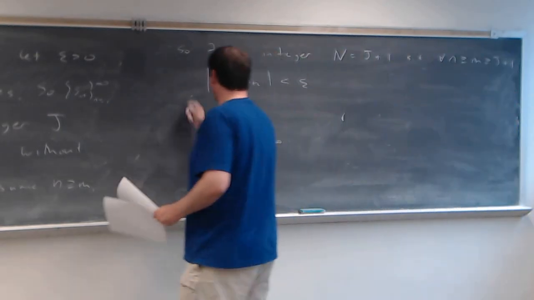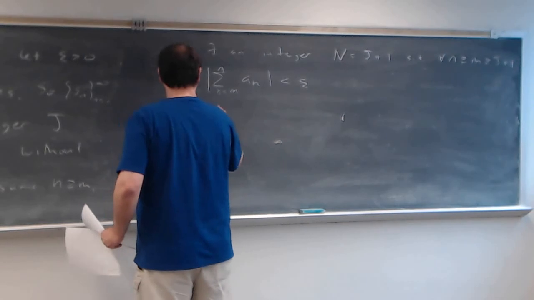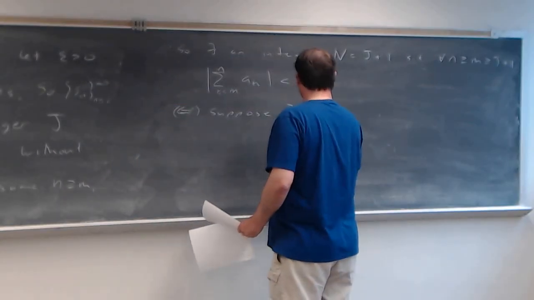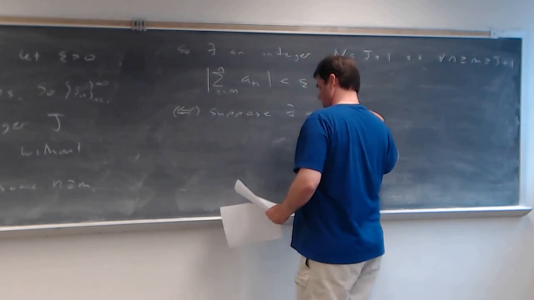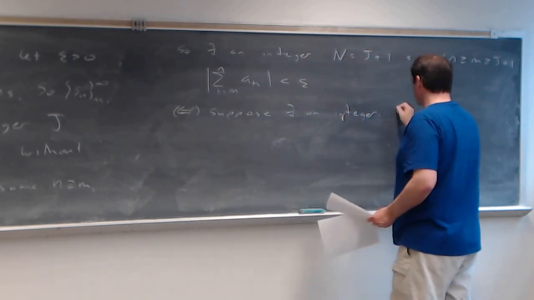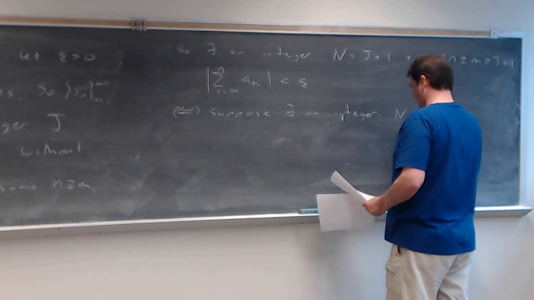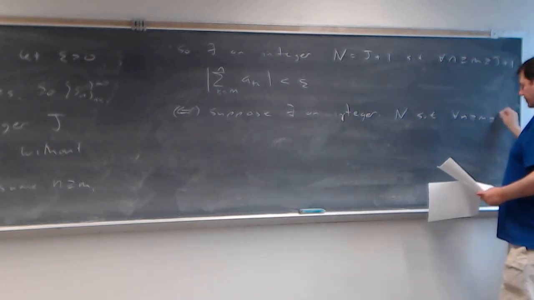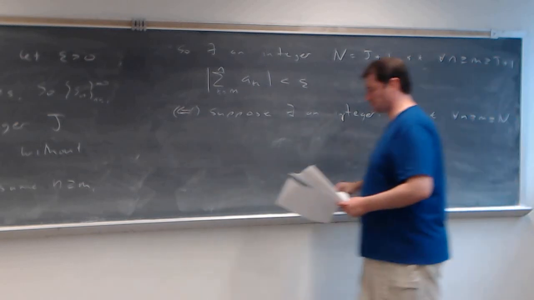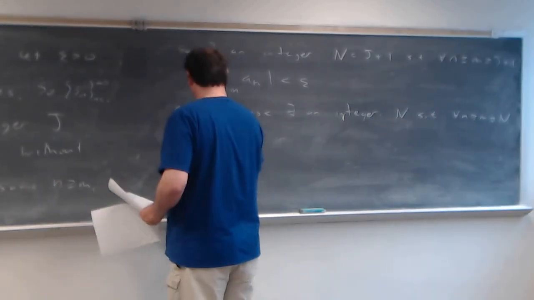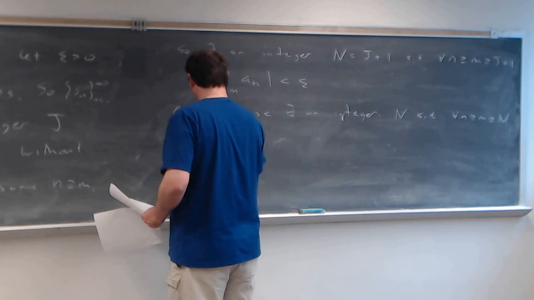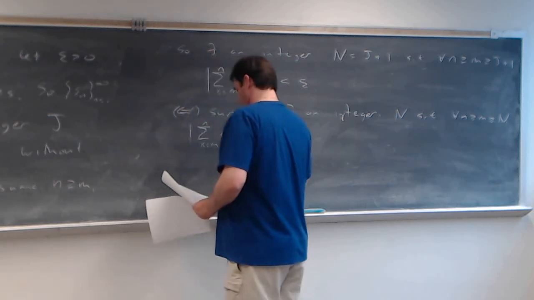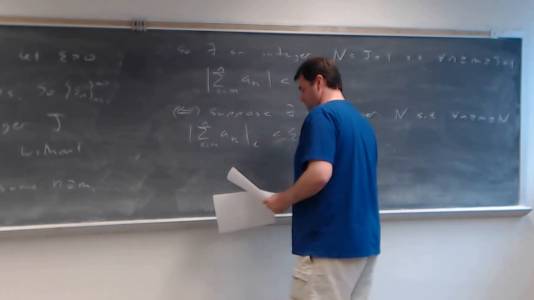Okay, going in the other direction, suppose there exists an integer, let's call it N, such that for all n bigger than or equal to m bigger than or equal to N, the norm of the sum, k runs from m to n of a sub k, is less than epsilon.